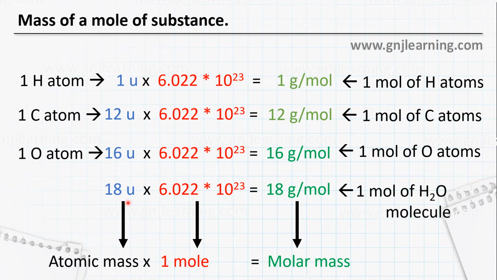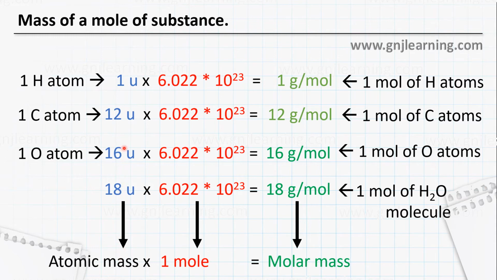If you multiply that mass with 1 mole, you will get a value here. And what does this value stand for? It stands for 1 mole. So since it is 1 mole, you can call it the molar mass. What is it? It's the mass of a mole of a substance. So you can call it molar mass. So what is the connection between atomic mass and molar mass? It's very simple.